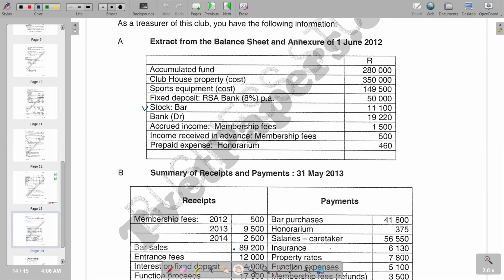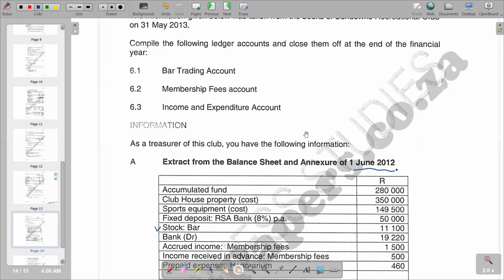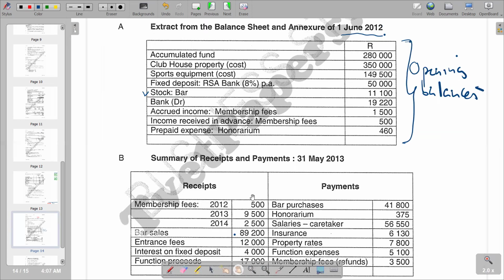So basically, this is at the beginning of the year. As we are told in the question, the year is ending 31 May 2019, so it means the year started 1 June 2018. It is very important for you to agree the opening balances. This is what is estimated at 31 May, that is at the end of the year.